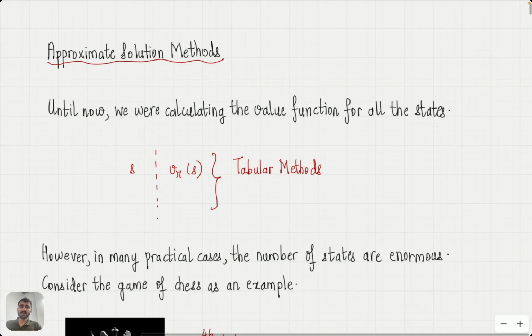This is one of the drawbacks of the Monte Carlo methods, because if I want to update immediately as I interact with the environment, it doesn't happen. You need to wait till the entire episode is completed.